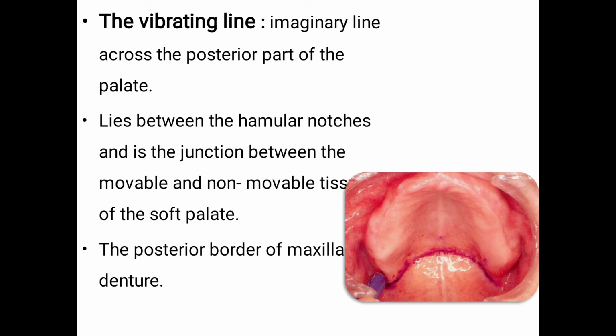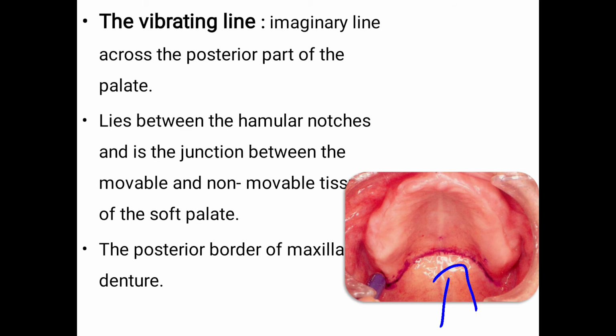So the next landmark, the vibrating line. So it's an imaginary line، ما حاجة أصلا قاعدة، imaginary line بنعمله نحن across the posterior part of the palate زي ما شايفين في الصورة دي هنا، عامل crossing لل posterior part of the palate، وبرضه بيمثل لنا ال posterior border of the denture base بتاعت الماكسيلا. بما انه مثل ال posterior border بتاعت الدنشر بيز معناه بيبدأ من homular notch، لأنه قلنا هي ال posterior border of the denture base.